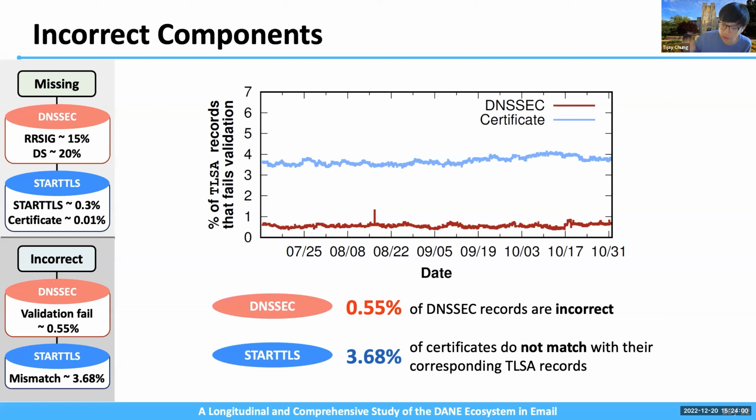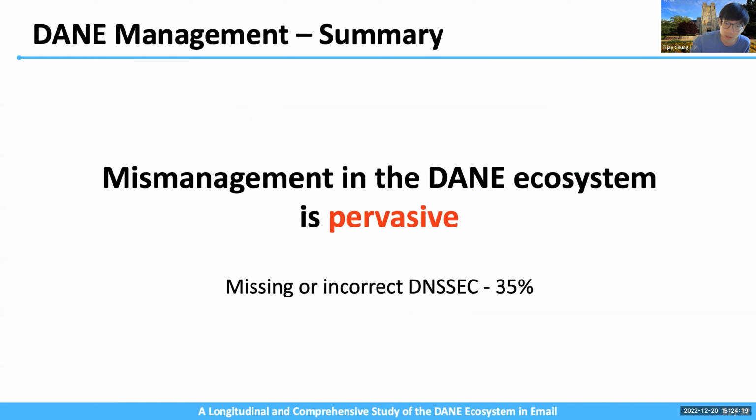So let's say there are 100 domain names with DANE records, then 80% of them have correctly configured DNS records, and two certificates still do not match their TLSA records, right?